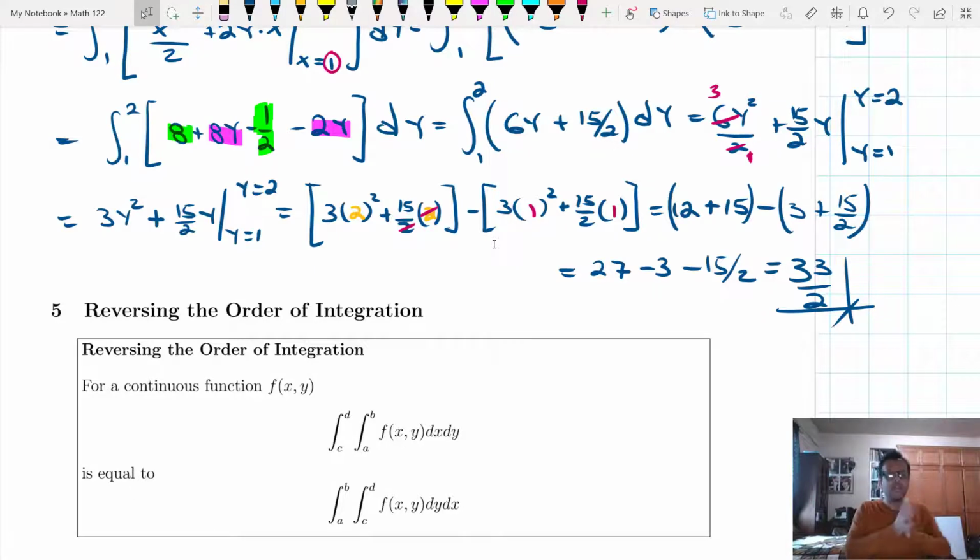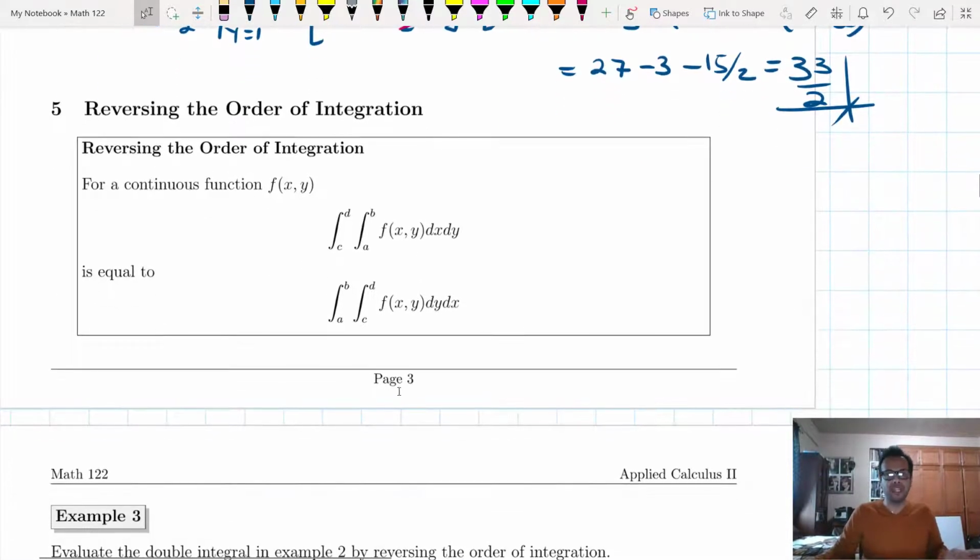Now, one of the most important things that we need to cover here is reversing the order of integration, right? Notice what happens here. Okay, let me highlight the important things about these integrals, right?